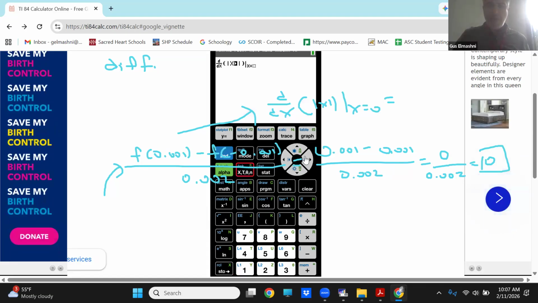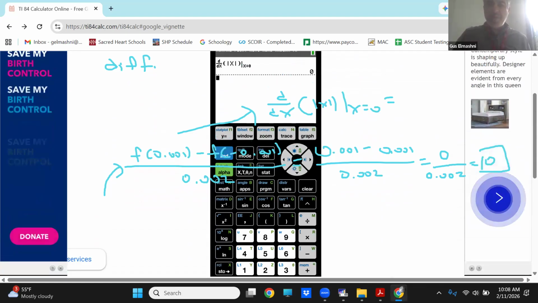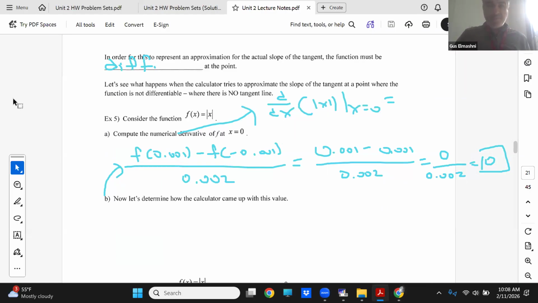That's what you could call up, absolute value, under math, and num is right there as well. X equals 0. It's going to say 0. But I know that's not true, right? Because I know absolute value is supposed to be this. That's what's happening. So it's giving me that slope, which is like fine.